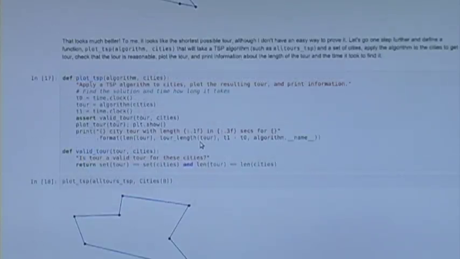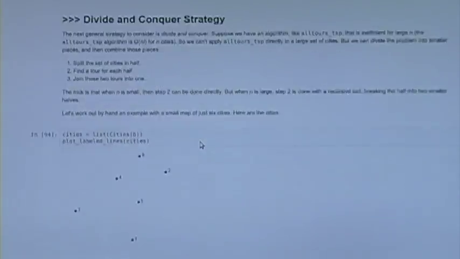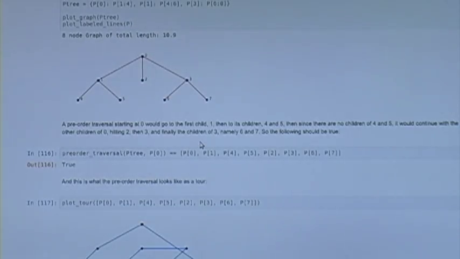He goes through and writes code and explains it and does plots, and it gets a little deep. It's a treatise on computer science and algorithms and optimization problems, and it's fascinating stuff.